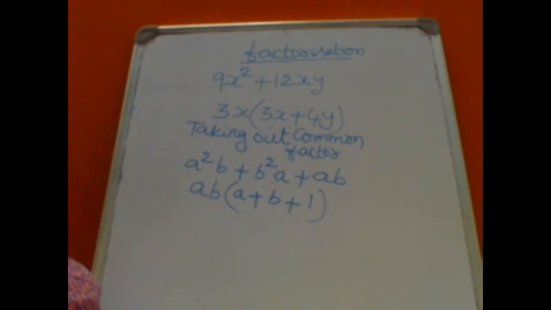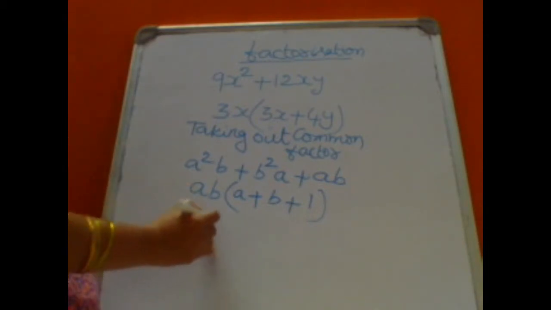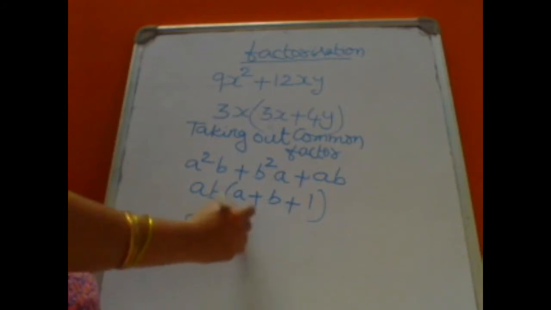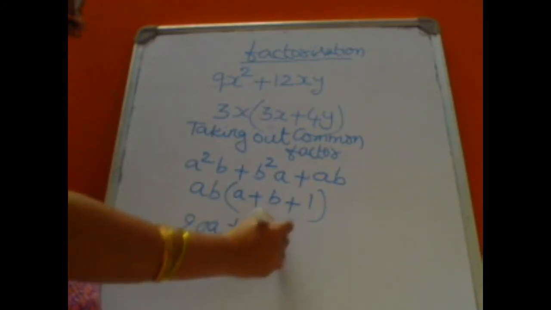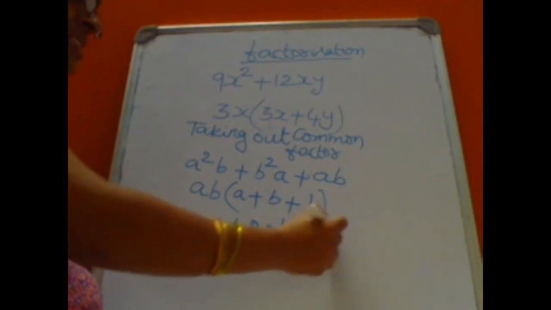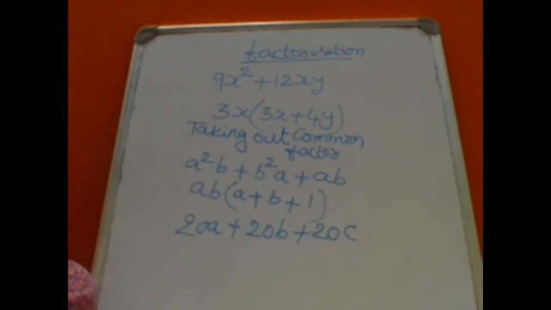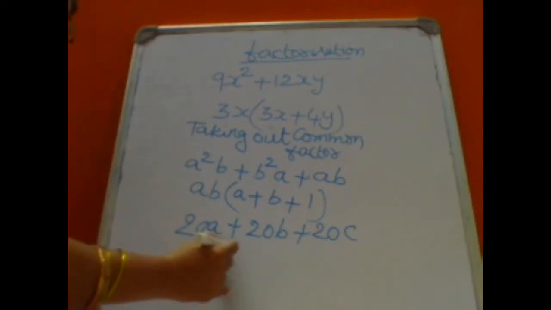Okay, now let us take one more example like 20a plus 20b plus 20c. Here you can observe that only the numericals are common and we don't have the variables as common. So in this case you have to take only 20 as common.